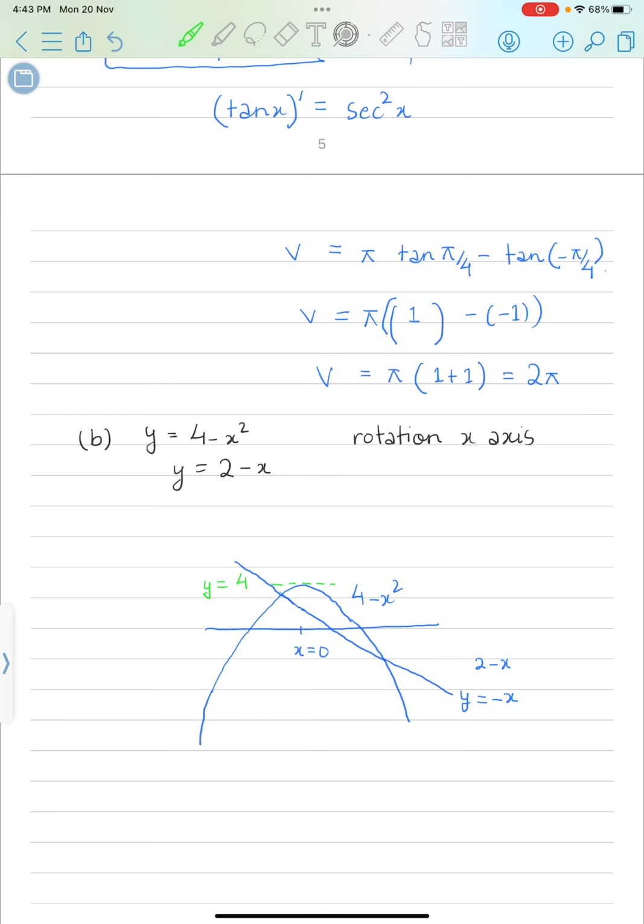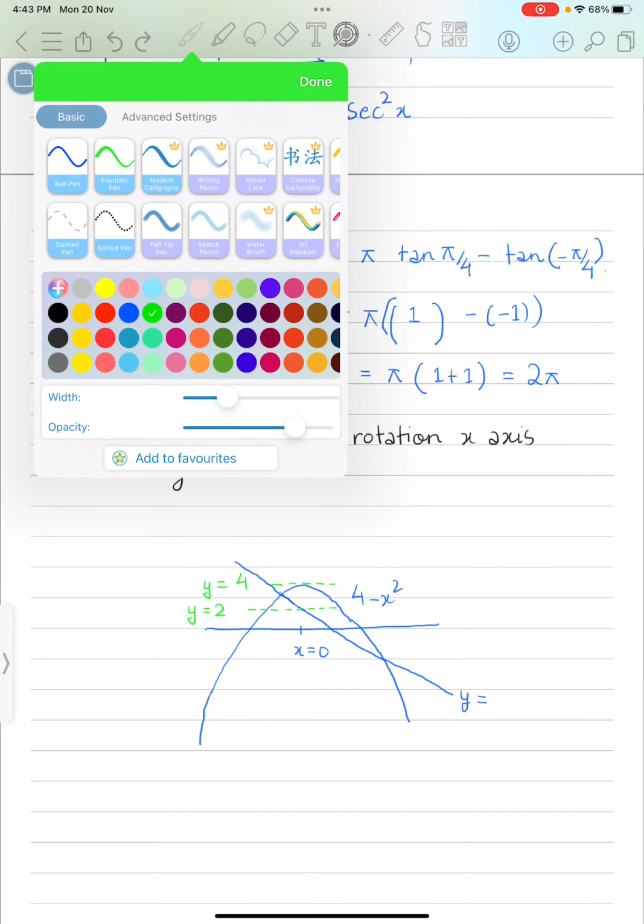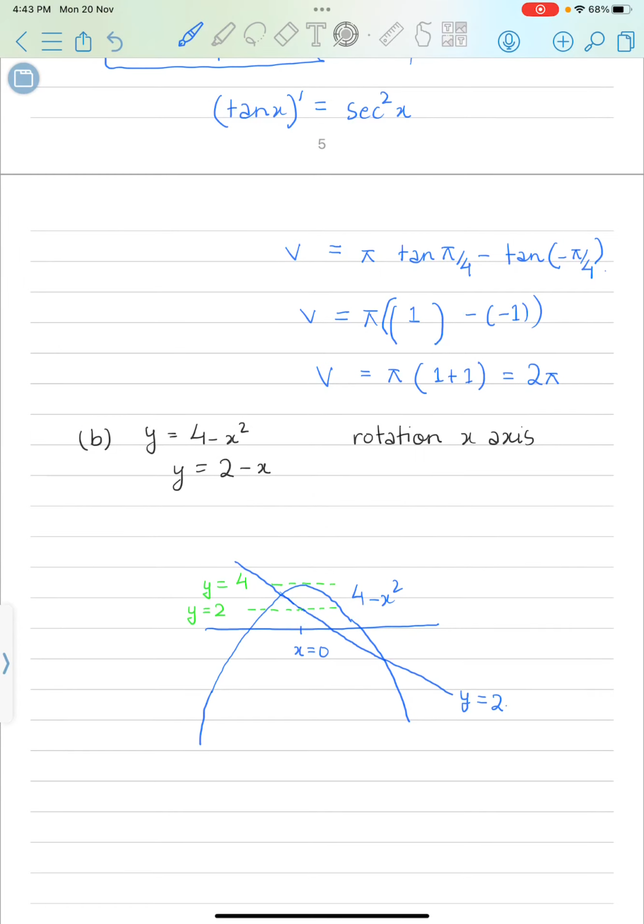To remind you, this line is y = 2, because at x = 0, this 2 minus x line takes the value 2, and so this is the graph of 2 minus x.